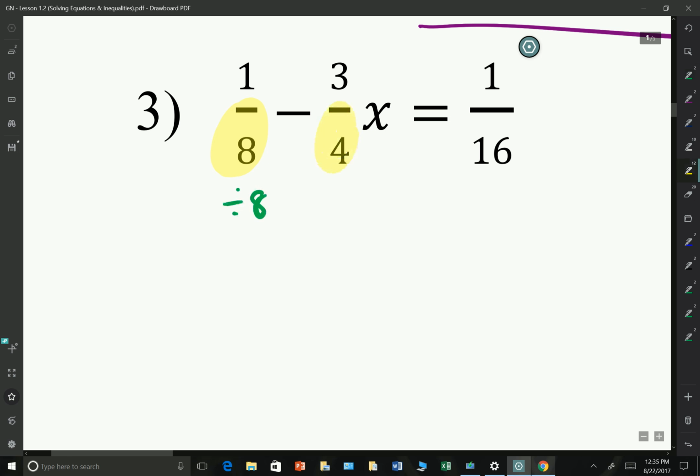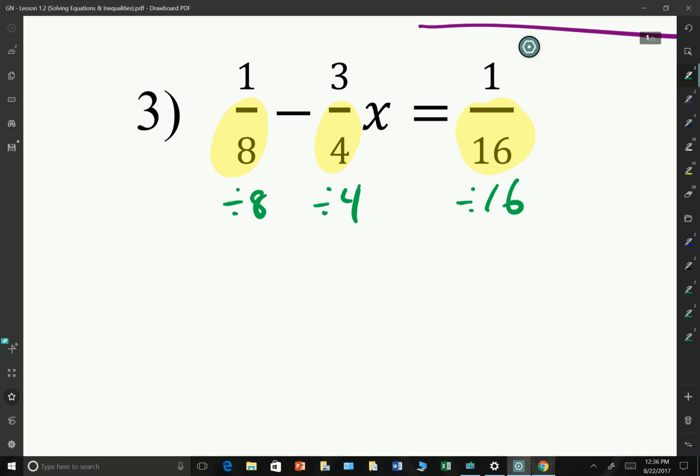You are dividing by 4. You are dividing 1 by 16. I don't want to divide by 3 numbers. I'm only going to look at just one number. I have fractions, and who said they'd have different denominators?